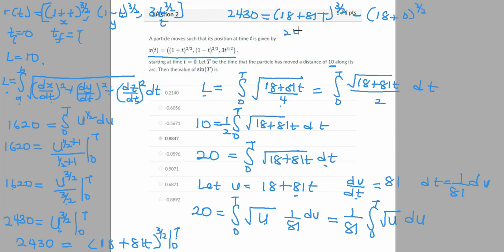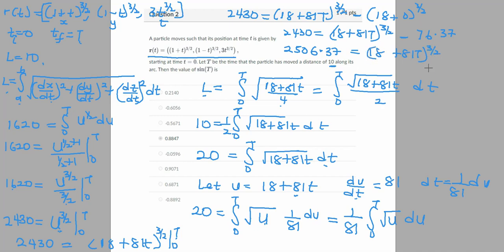That will be 2430L equals 18 plus 81t raised to power 3 over 2 minus 18 raised to power 3 over 2, which will give us 76.37. So bring this 76.37 here. That will be 2430L plus 76.37, you're going to get 2506.37 equals 18 plus 81t raised to power 3 over 2.